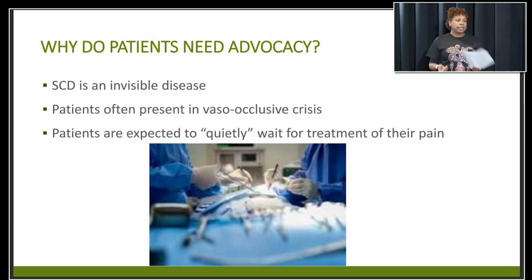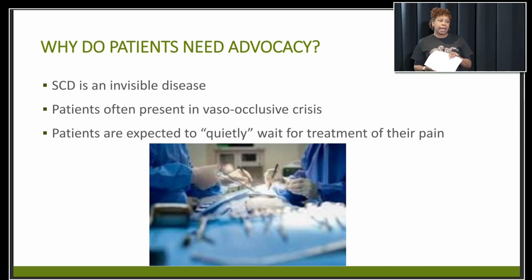There isn't any imaging that can be done on their body to say, here's the level of damage that's happening when people are in crisis. But it's really important for people to understand that pain equals damage. And when you're in the emergency department, it's important to be an advocate or have an advocate with you so that you can get the care you need. Patients are expected to sit quietly and await treatment.